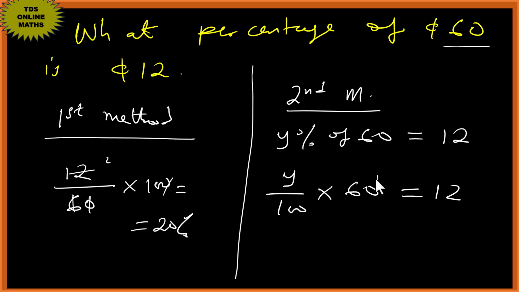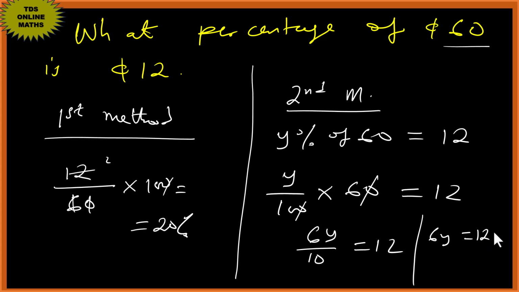This one will cancel, so we have 6y on 10 equals 12. So 6y equals 120, and y is 120 over 6, which is 20%. So we have the same answer. So choose one.